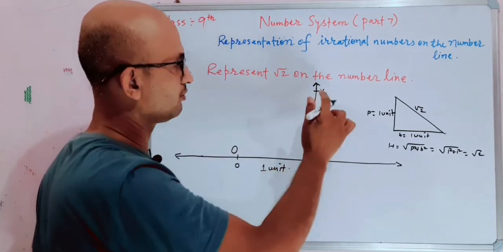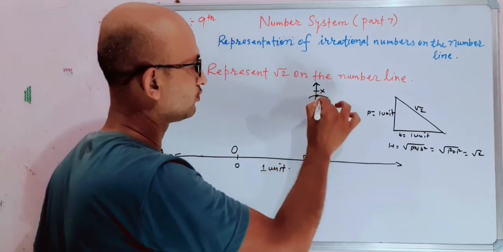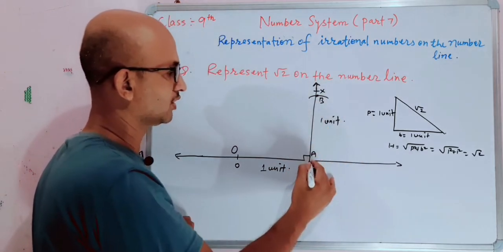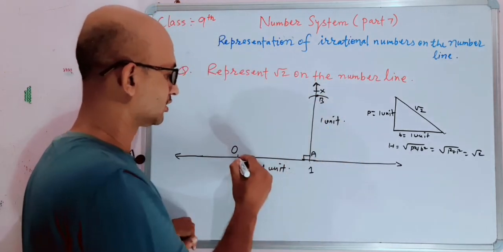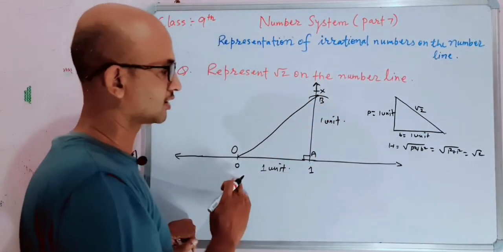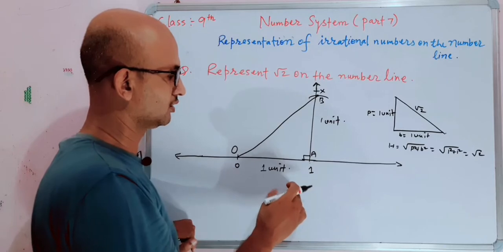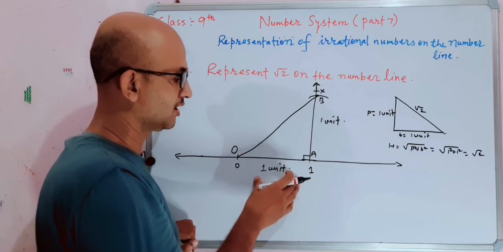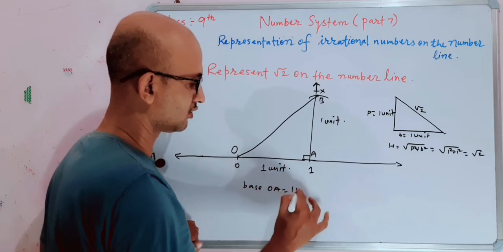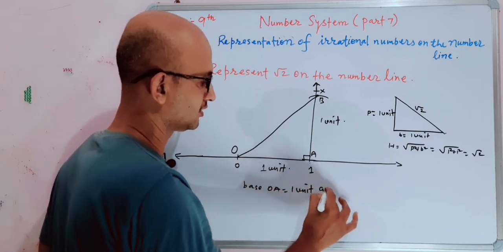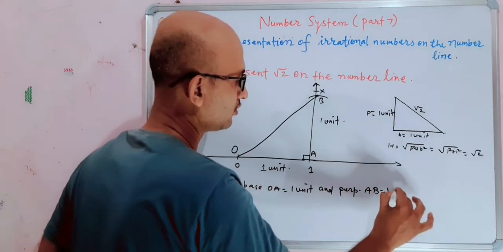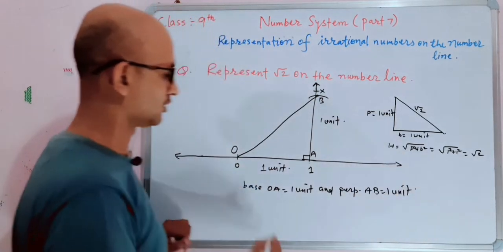We cut off AB equal to 1 unit from this perpendicular line AX. Now we join OB. In this way, we get a right angle triangle OAB in which base OA is 1 unit and perpendicular AB equals 1 unit.